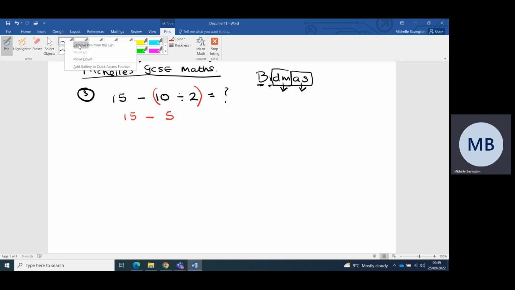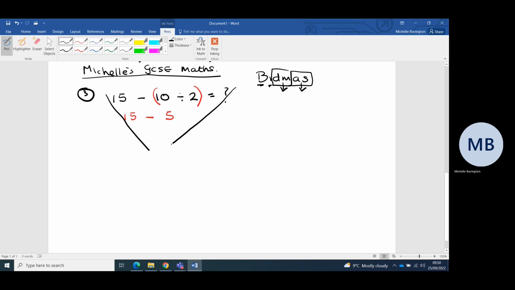And then that gives us 15 minus 5 is 10. So you've got to do it in the order that it is. Otherwise it won't work.